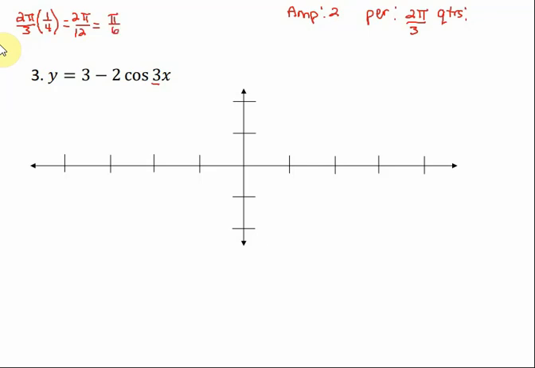So that means that our quarters, of course, we start at 0, then our first mark is going to be at pi over 6. Then if I add pi over 6 to pi over 6, I get 2 pi over 6, which would reduce to pi over 3. And then 2 pi over 6 plus another pi over 6 would be 3 pi over 6, which would reduce to pi over 2.